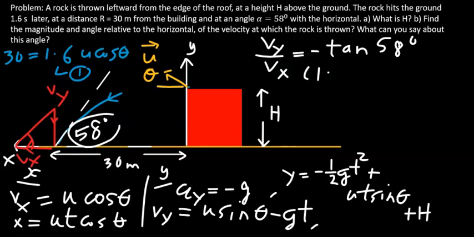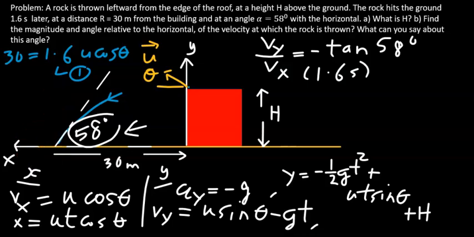Evaluate it at t equals 1.6 seconds, because this 58 degrees with respect to the horizontal occurs at the impact point, and it takes a time of 1.6 seconds to impact the ground.